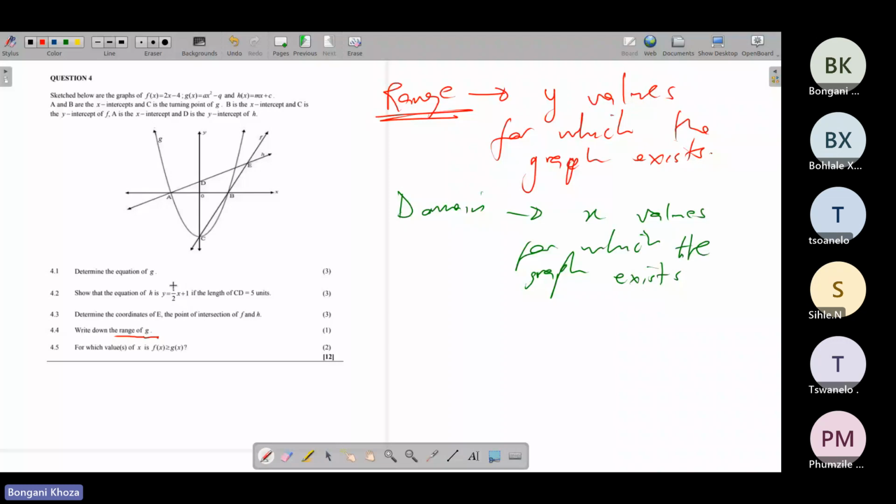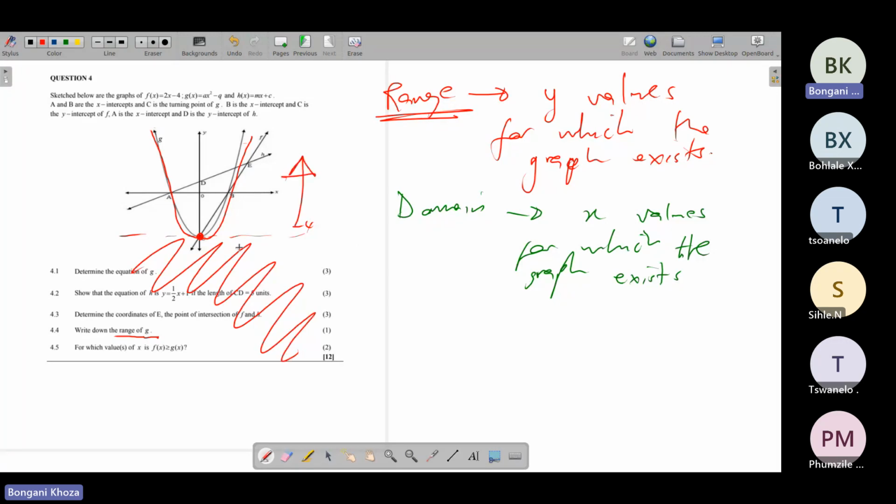of G. G is this graph over here, like that. So we know the value of the turning point was at this line, which was -4 and 0 over here. This coordinate over here is -4 and 0. So this line becomes where the graph ends. So you don't find the graph anywhere down here. So from the turning point going up, that's where you'll find the graph.